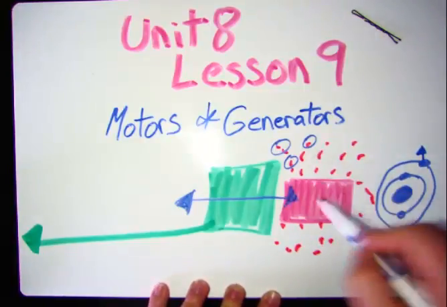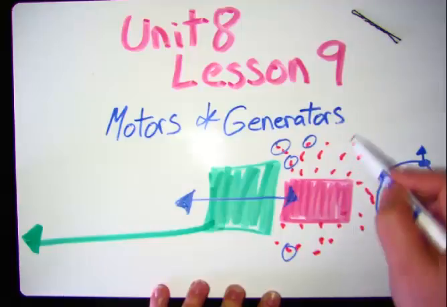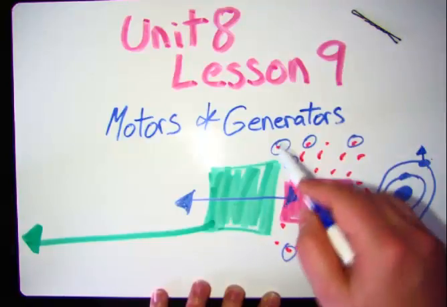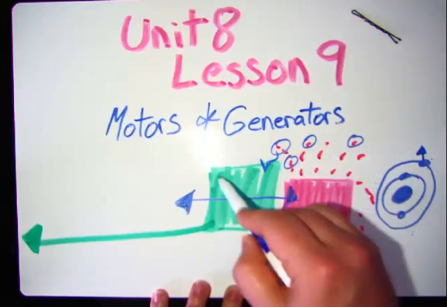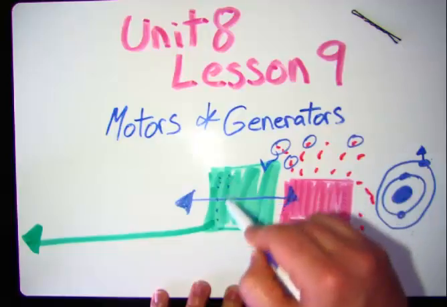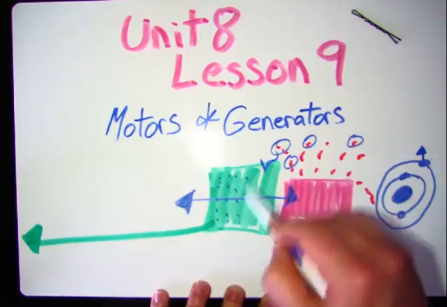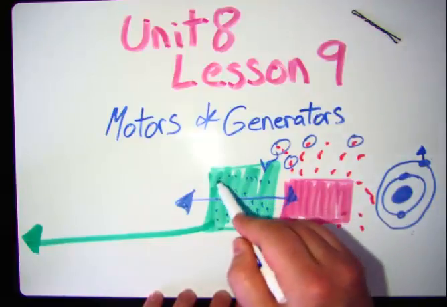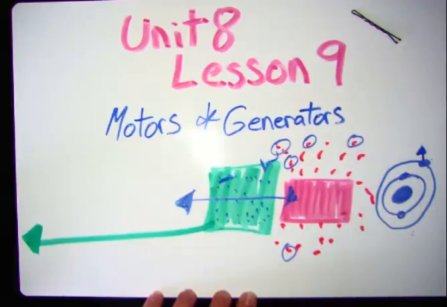Well, you can think of all of these electrons around the magnet as being like that one electron that it wants to get rid of. So it's going to freely give those up into the copper wire. So now the copper wire is going to be slightly negatively charged because it's going to have extra electrons.